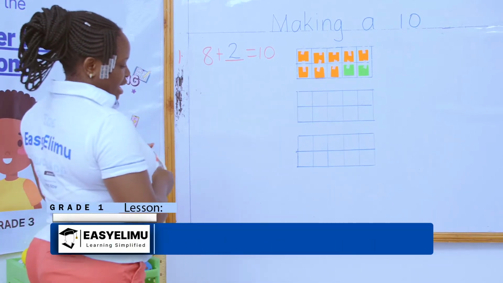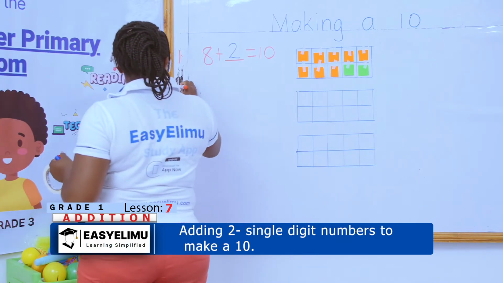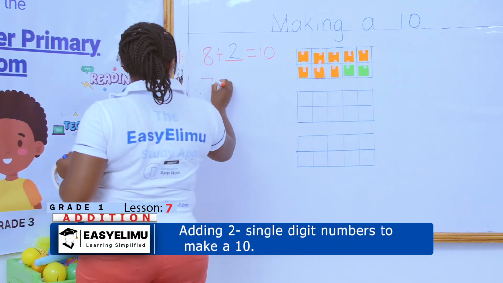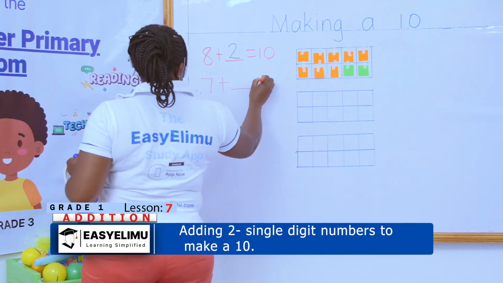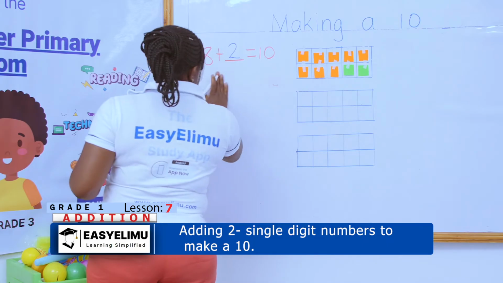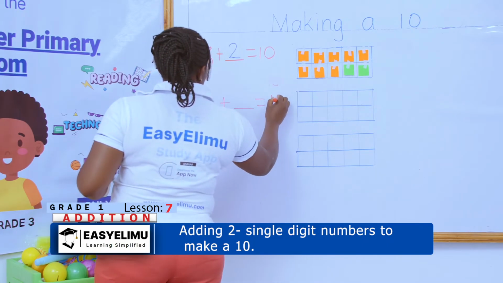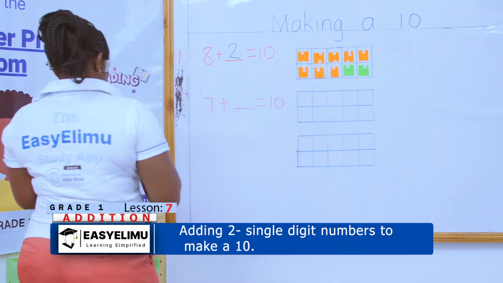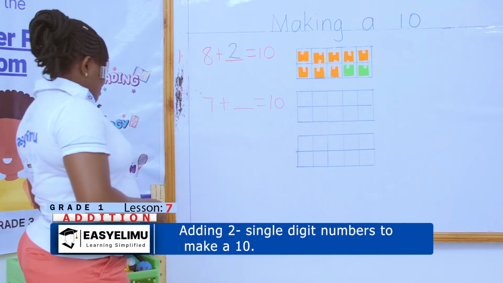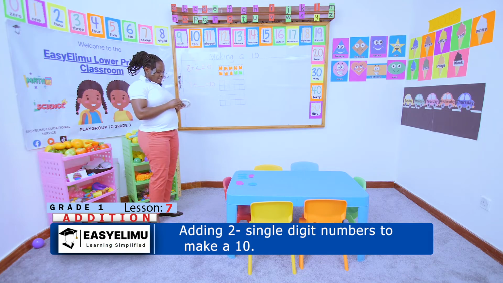My next question comes like this. Number 2 says 7 plus dash is equals to 10. That is where I'm using the second 10 frame. And I'll ask myself, how many counters do I need first? I need 7 counters.